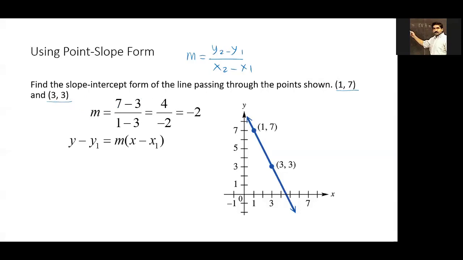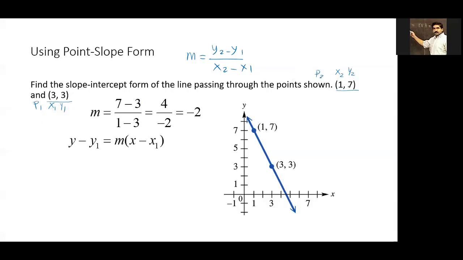And y2 in this case is 7, so that would be x2. x2 is equal to 1. y1 in this case is equal to 3, so this would be x1, y1. So we're assuming this would be my point 1, and this would be my point 2. Again, it doesn't matter which one you want to call point 1 and which one you want to call point 2.